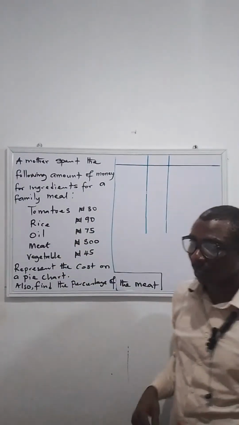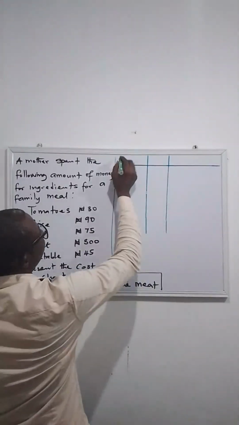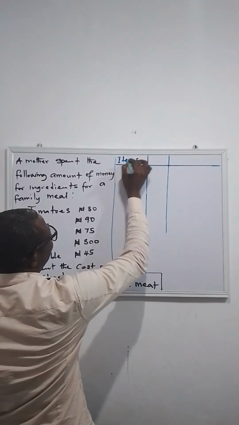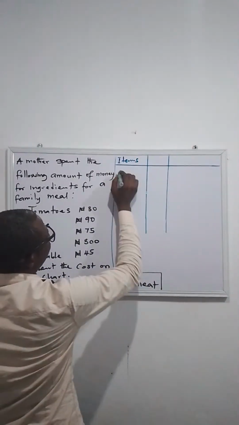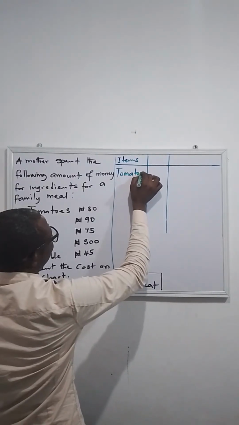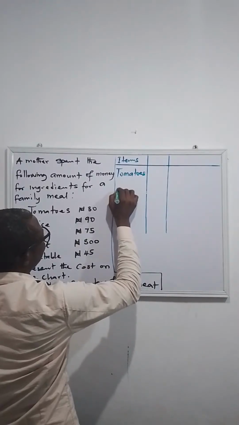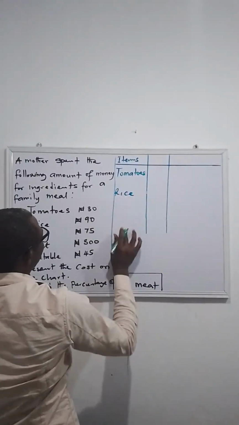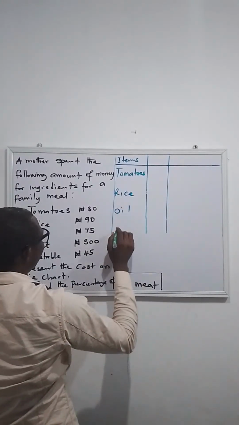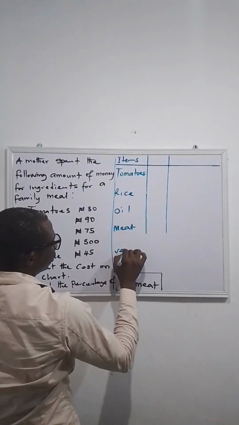All right, so let us start with the first one. We have the items. What are the items we have? We have the tomatoes, we have the rice, we have the oil, we have the meat and the vegetable.